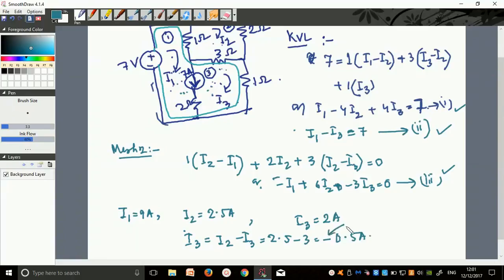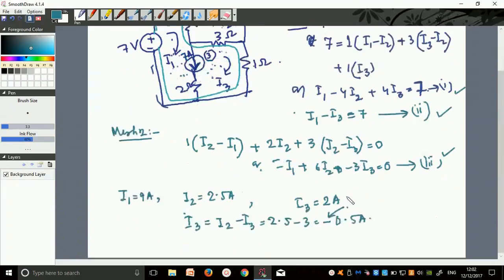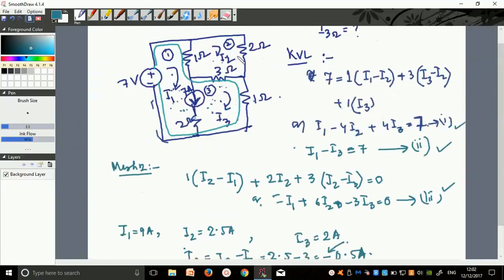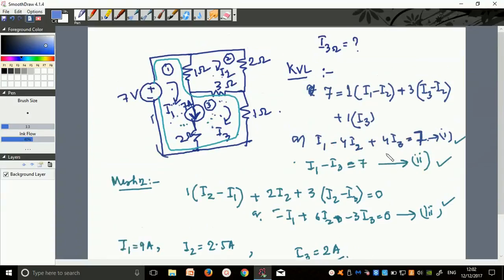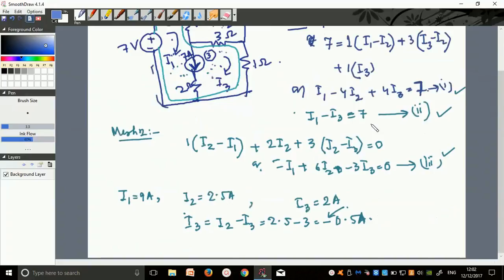What does this minus sign suggest? If after all calculations there is a minus sign in voltage or current, it suggests that whatever you have assumed, because you have assumed this current direction, I1, I2, I3, whatever your assumption is, the magnitude is the same, but the direction is practically the opposite way.